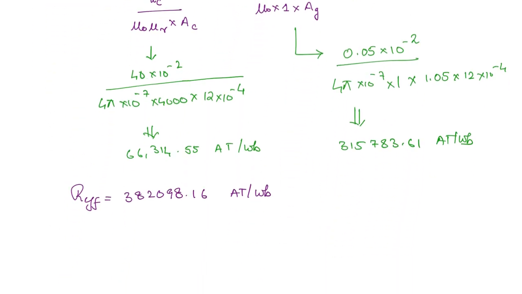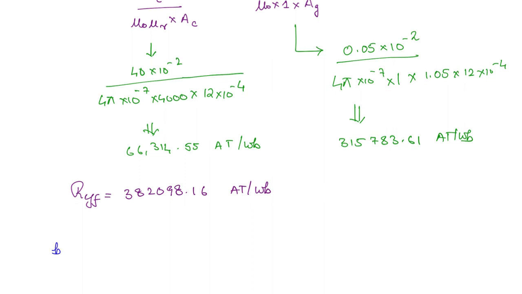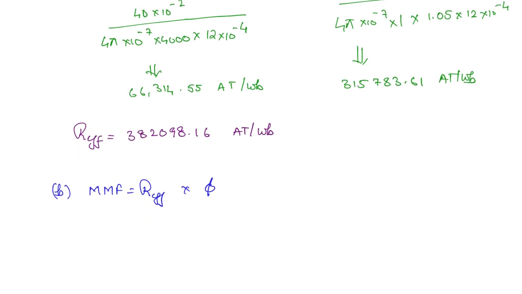So we just have to apply the equation: mmf is equal to the effective reluctance into the flux. So you can write this as N times I is equal to the equivalent reluctance times phi. Now phi you can either write as the flux density in the air gap into the area of cross section of the air gap, or the flux density present in the core into the area of cross section of the core.